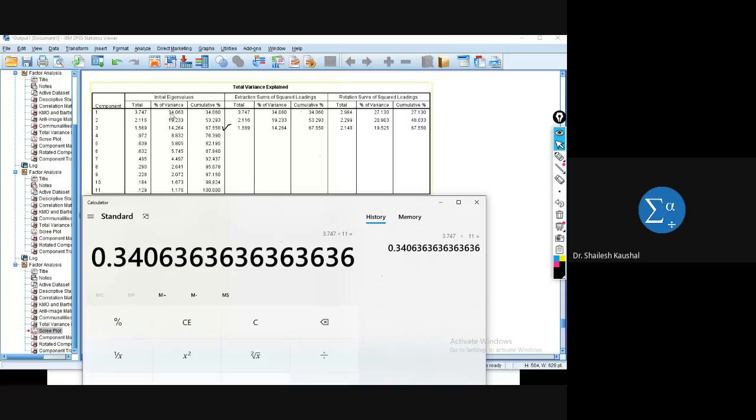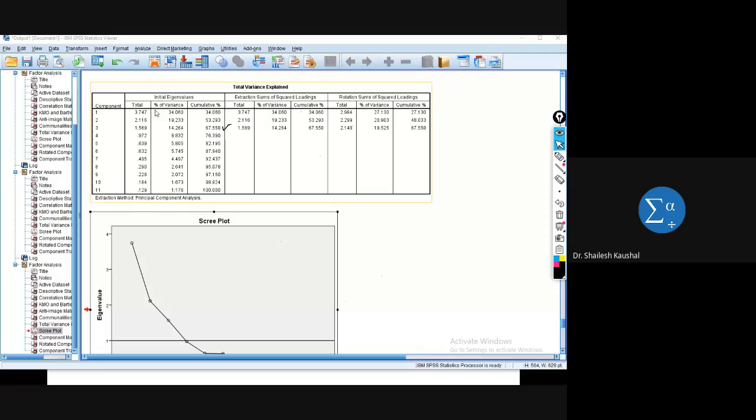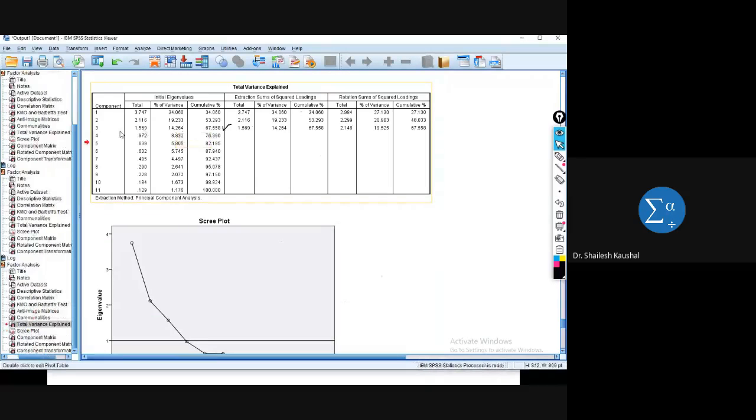How will we calculate the percent of variance? 3.747 divided by the total number of questions, here 11. Then 2.116 divided by 11, we will get 19 point something, and cumulative means 30.06 plus 19.23, it comes to 53.93, and another component 3, its value is 14 point something. When we add it to 53 point, here we are getting 67.558.